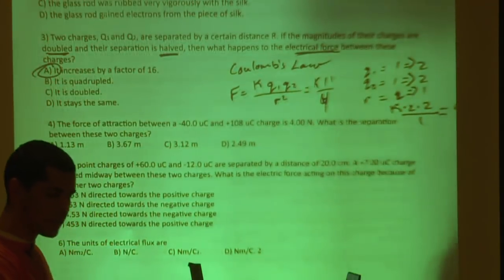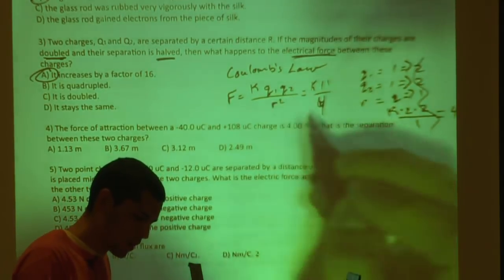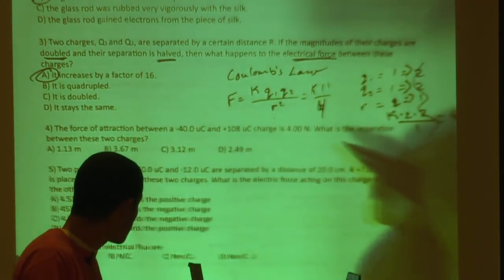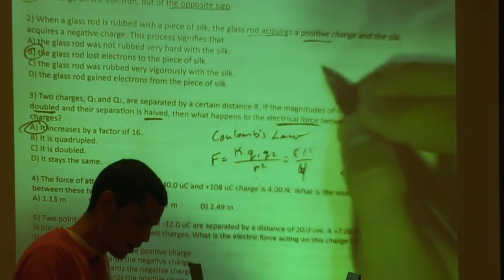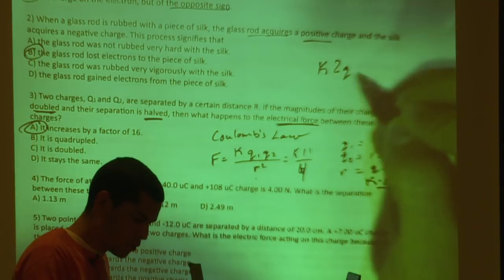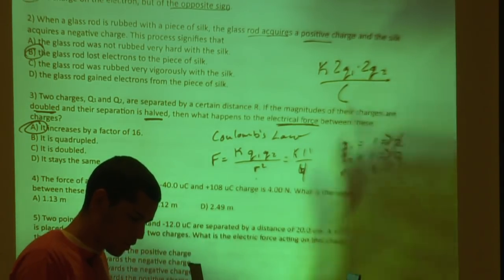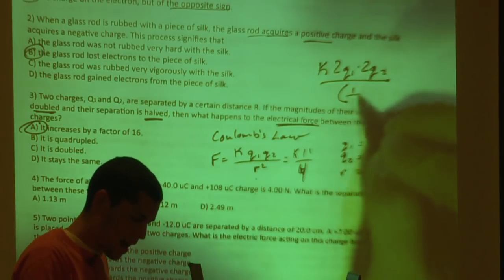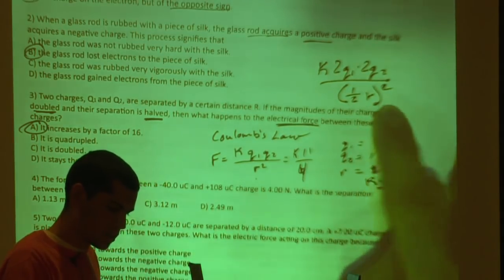And if you don't want to plug in dummy variables, you can just take this right here, utilizing the space up here: K times 2Q1 times 2Q2 over 1/2 R squared.